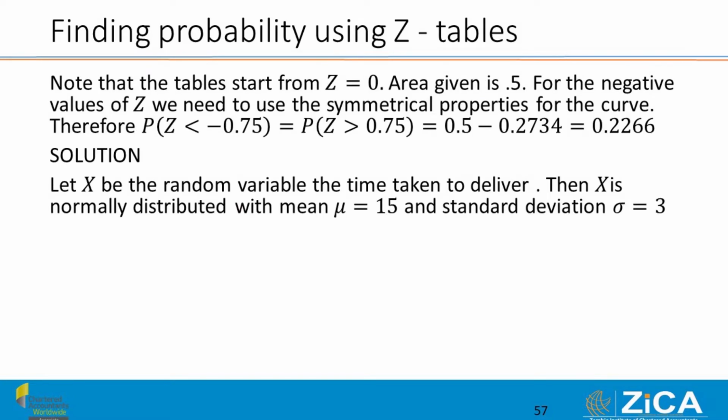If you look at this example, as I said, it's the area under 0.5. And when you look at the normal distribution, it has got two parameters, the mean and the standard deviation. So we are saying let X be normally distributed, with mean mu equal to 15, standard deviation sigma equal to 3.